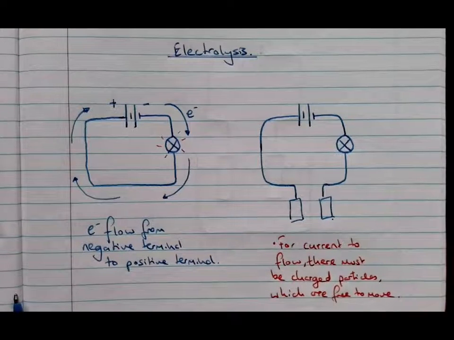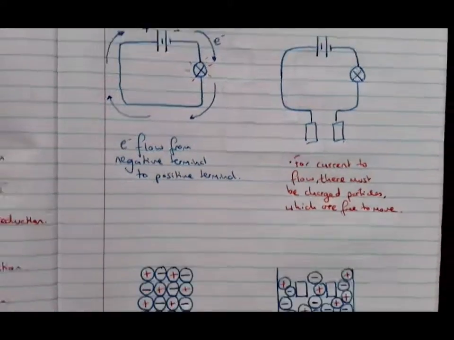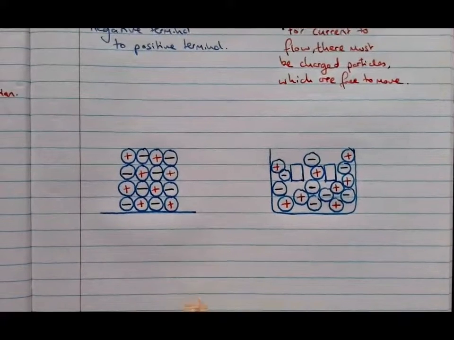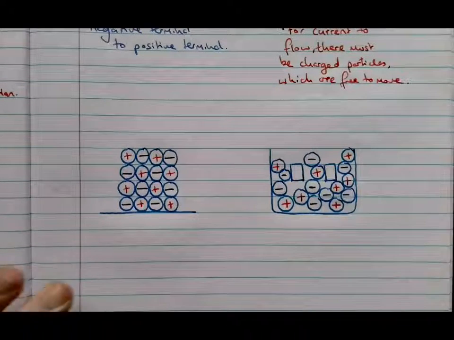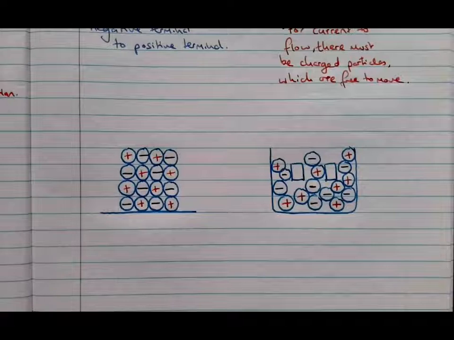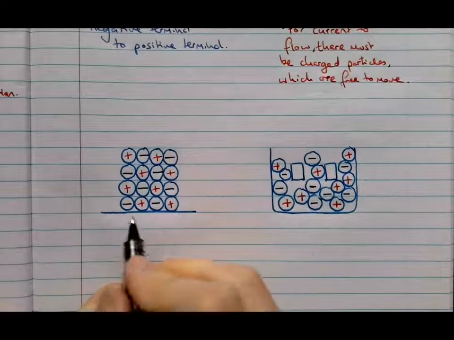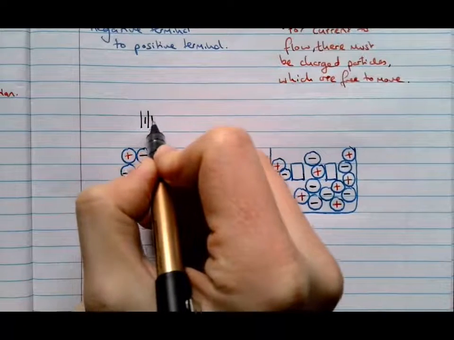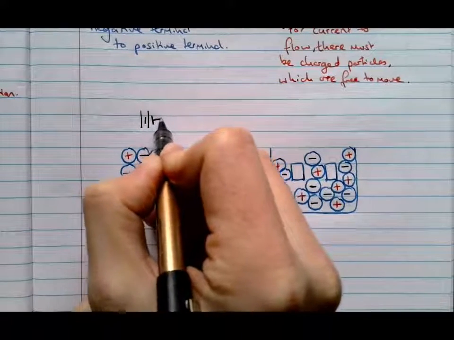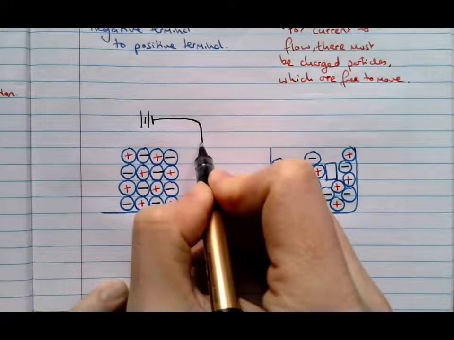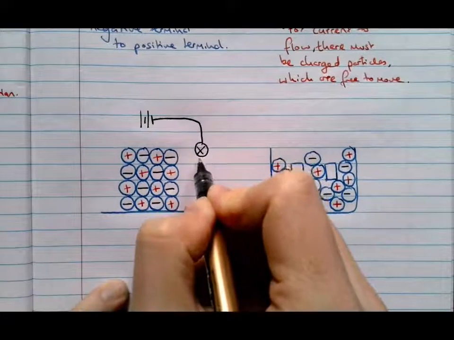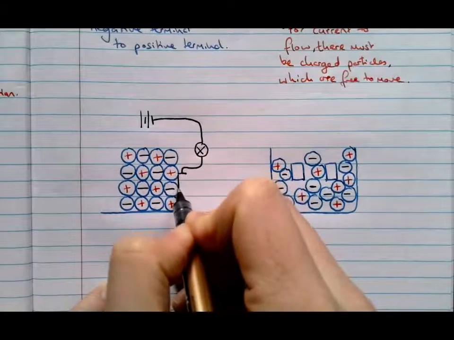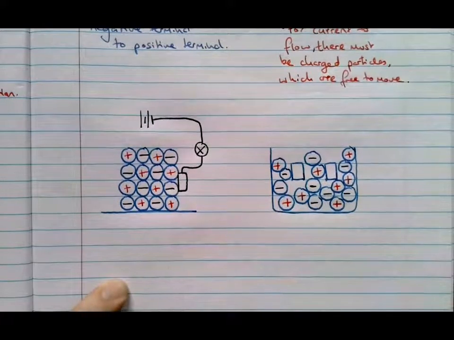So what I've got down here are two different situations which potentially are going to allow us to finish our circuit. Let's do this first one. If I draw my circuit around this, it's going to look like this. I've still got my bulb here, and then I've got the end of the circuit like that.